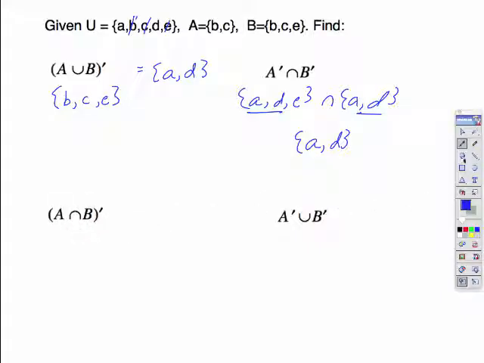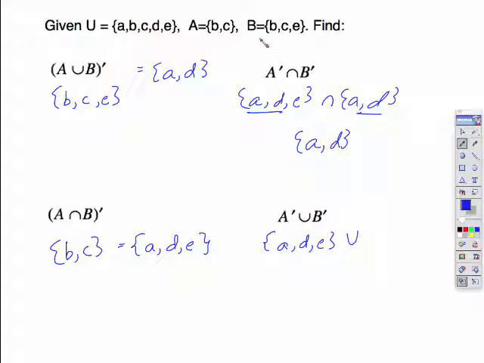Switch this around and do A intersect B knot. So first start with A intersect B. A intersect B, what's in common is B, C. But if I want the complement of that, I have to go up here and eliminate B, C, and I'm looking at A, D, E. Over here, A complement means wipe out the B and the C, which gives me A, D, E, union with B complement.